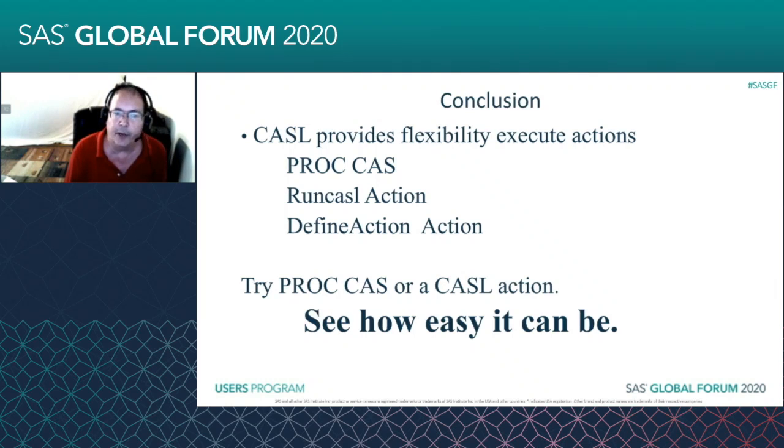So I really want you to try CAS. I want you to try CASL, runCasl, define CASL action. See how easy it can be to really interface with your server.